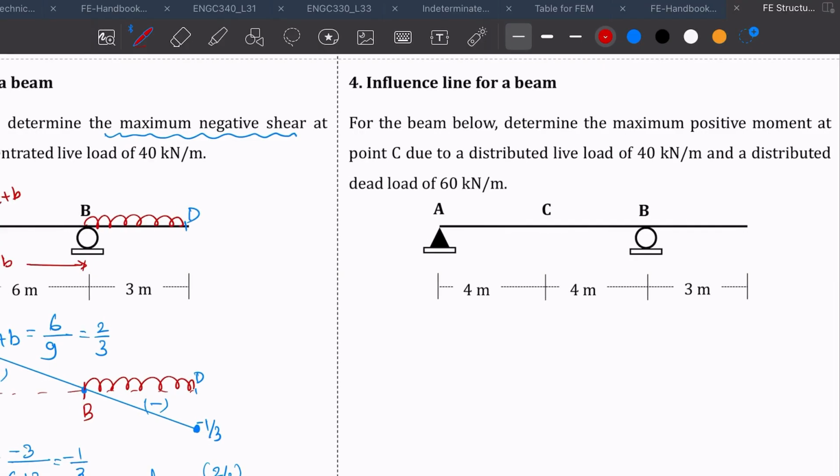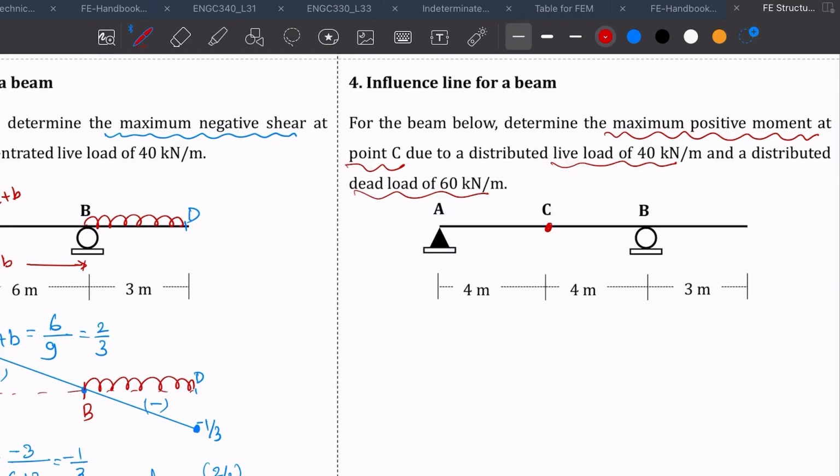Okay, so for moment, we are interested to find the moment at C, and you'll see that the maximum positive moment, remember it's positive moment at C, due to a live load and a distributed load. Now we have not just a live load, but also a dead load.